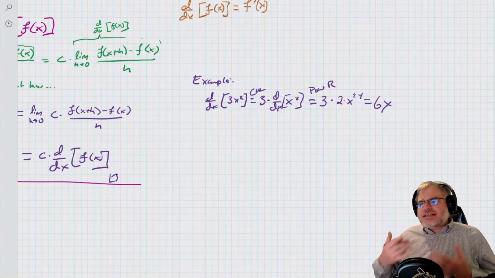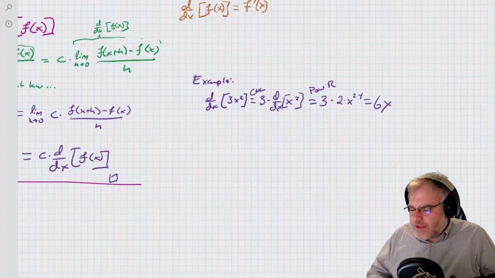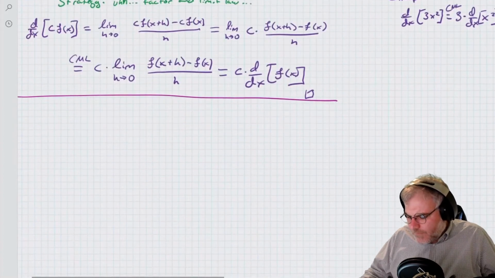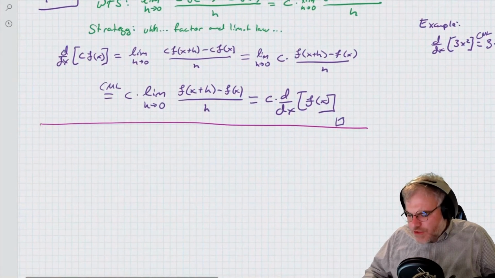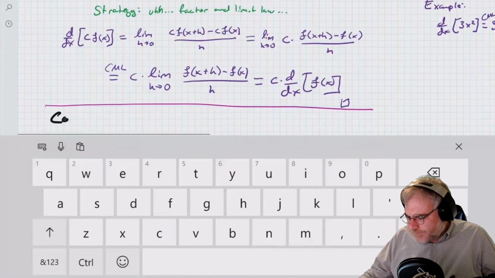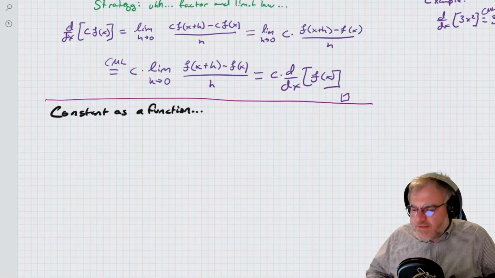All right, so constant as a function. If I have a function that's a constant, what does it look like? What is the function constant as a function?